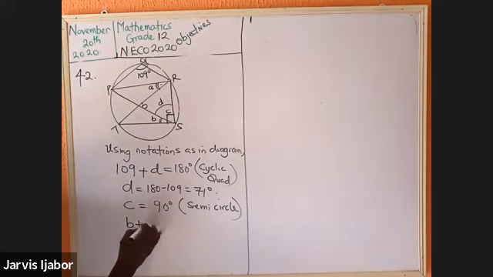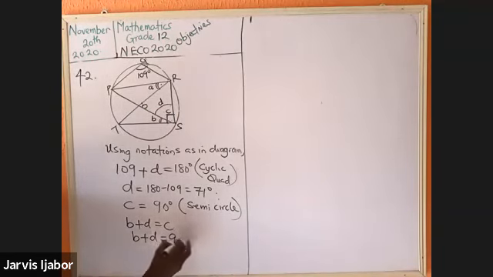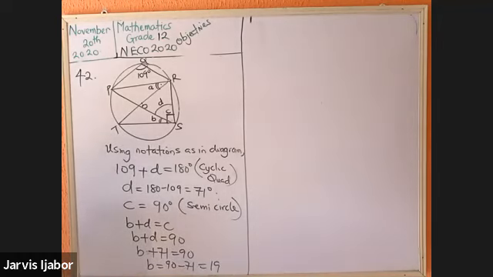B plus D is equal to C. So what is that? 90. What is D? 71. So B plus 71 is equal to 90, meaning that B is equal to 90 minus 71, and that is 19 degrees. So we got that one.